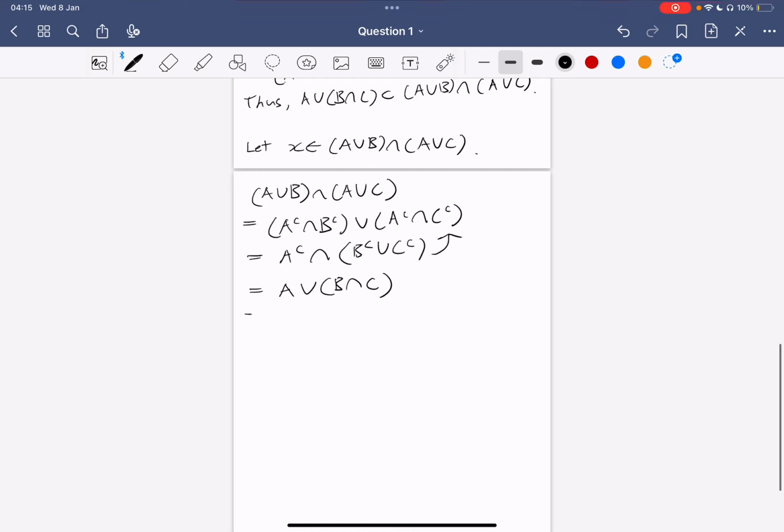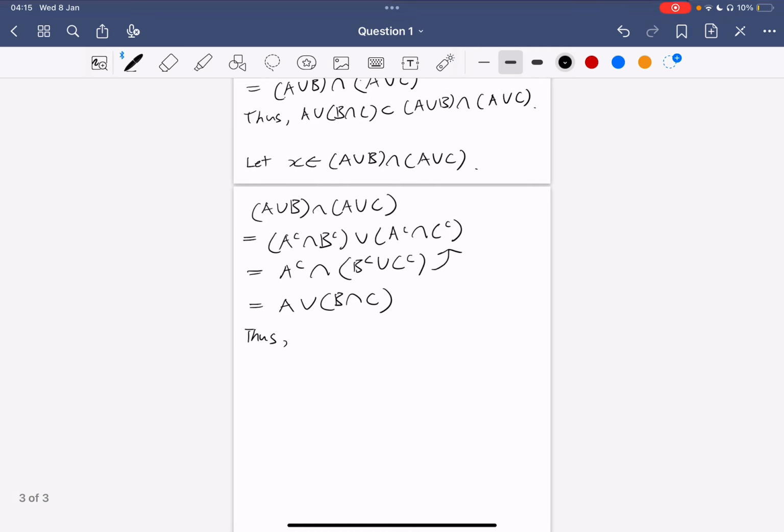So we have shown that the set on the right-hand side is a subset of the set on the left-hand side.